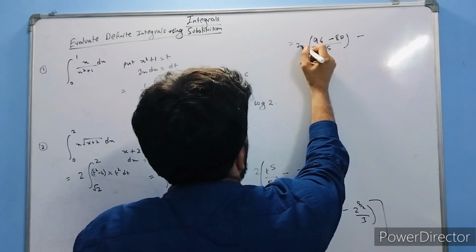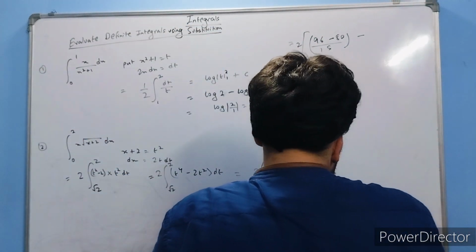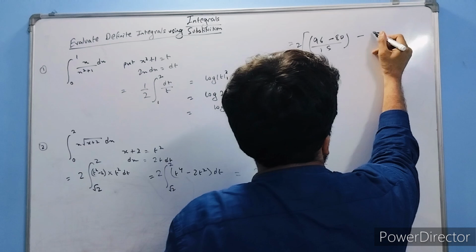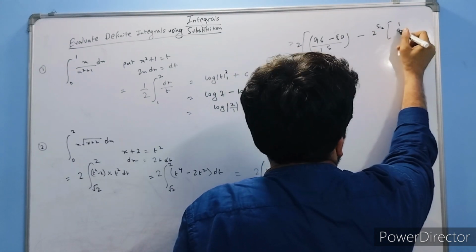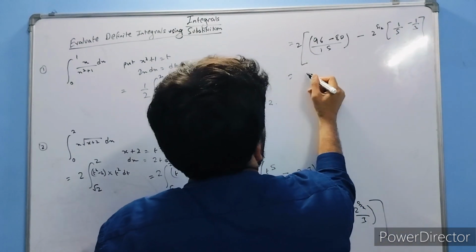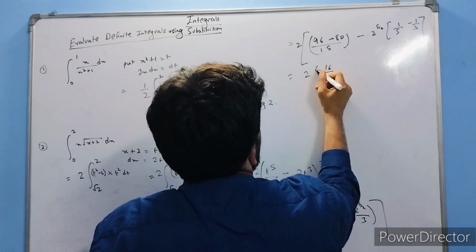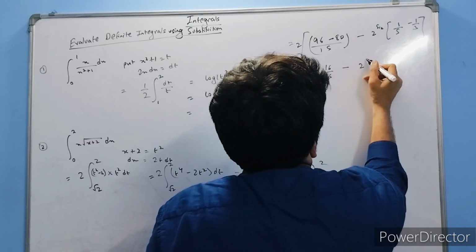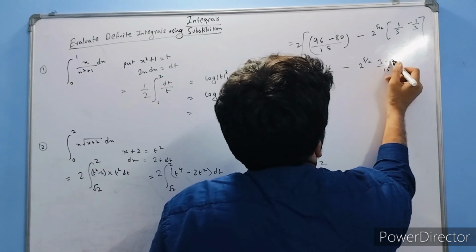Minus, now I can take 2 to the 5 by 2 common, so here I will get 1 by 5 minus 1 upon 3. Okay, so here I got 16 upon 15 minus 2 square 5 upon 2. Now I got 15, 3 minus 5.